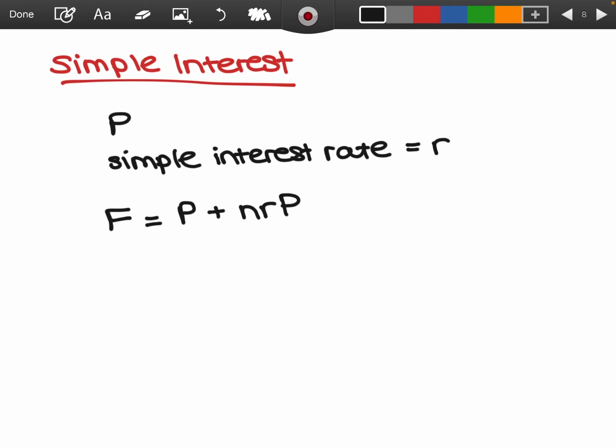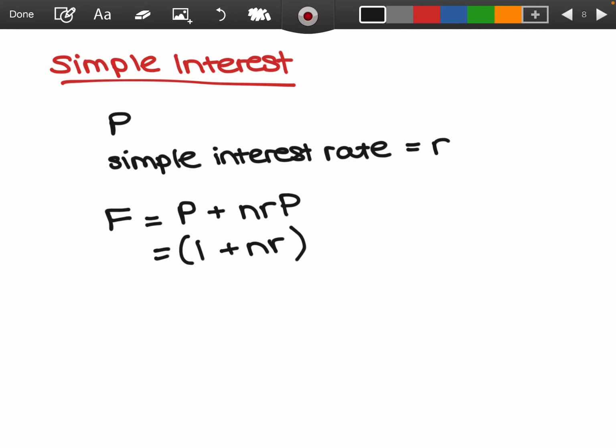Okay, at each pay period, you're going to get another amount of interest, and it's going to be the rate times the principal value. Okay, so if you are accruing, let's say 1% interest on your principal amount, you will take 1% of your principal. Okay, but you are going to do that n times. So if we're looking at our future value after n pay periods, we would have our principal amount plus our rate times the principal amount n times after n pay periods.